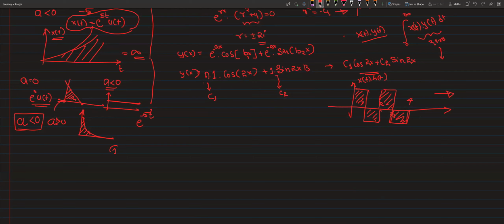The 54th question is a Fourier transform question.